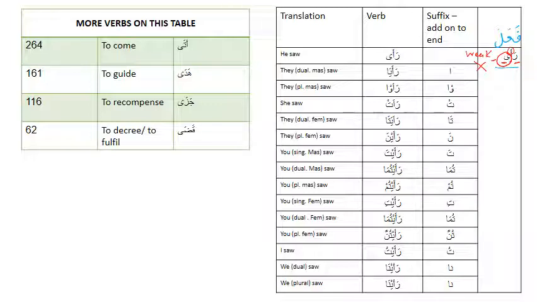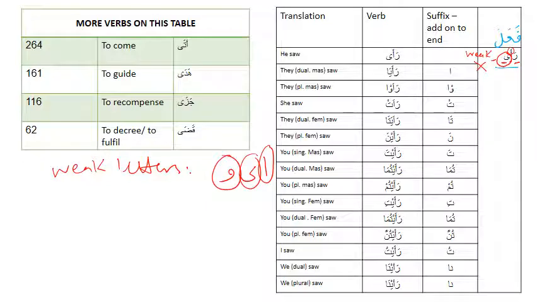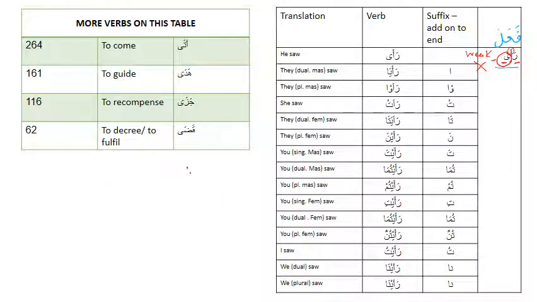There are three weak letters in Arabic: alif, ya, and waw. So sometimes we cut off some of these letters if the pattern calls for it, and in this case, the pattern does call for it.